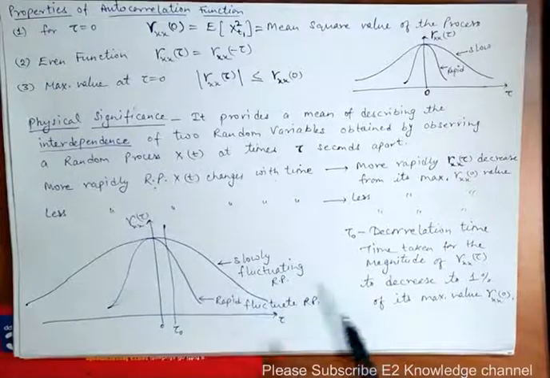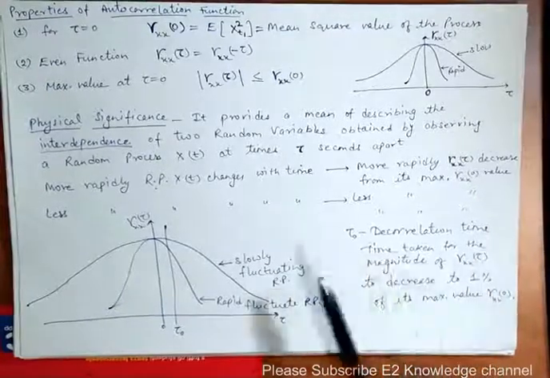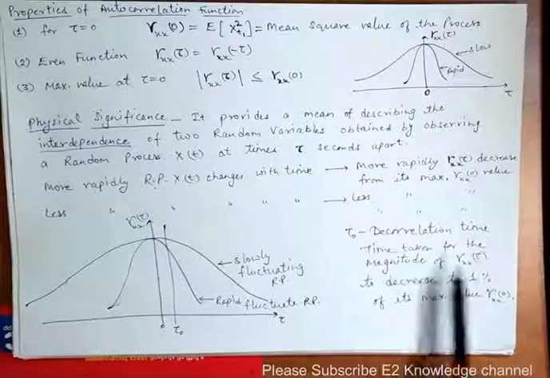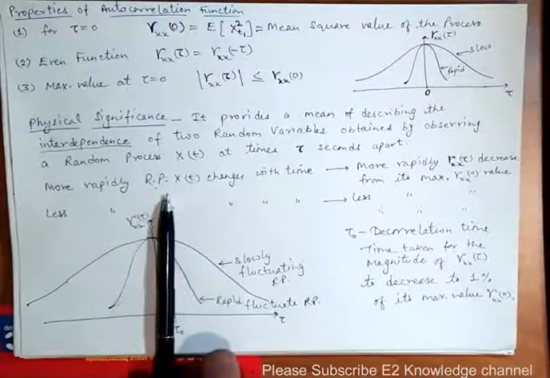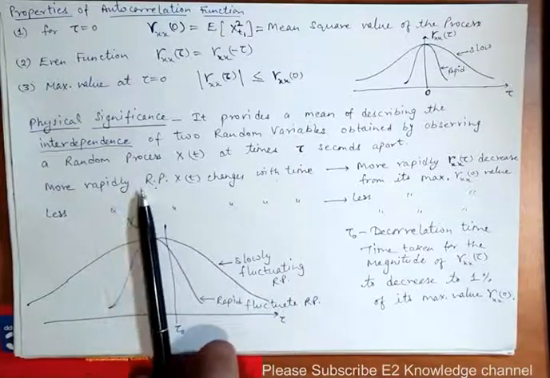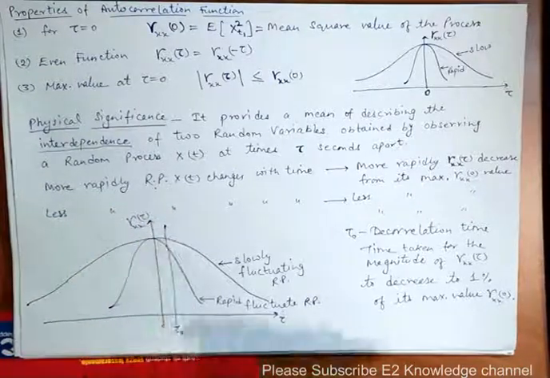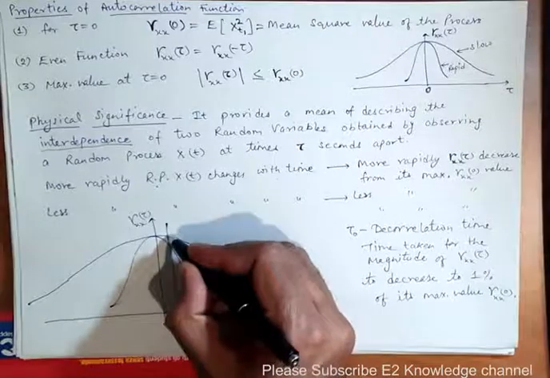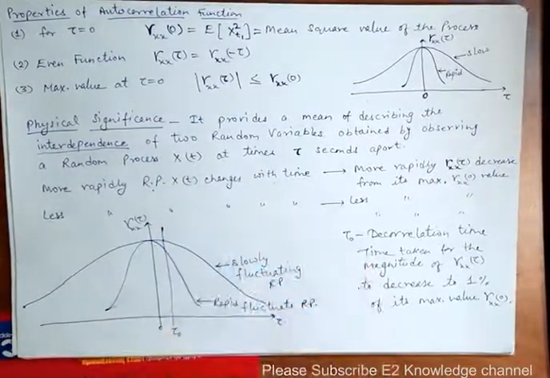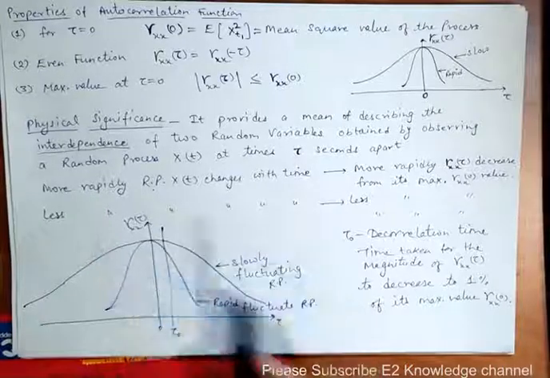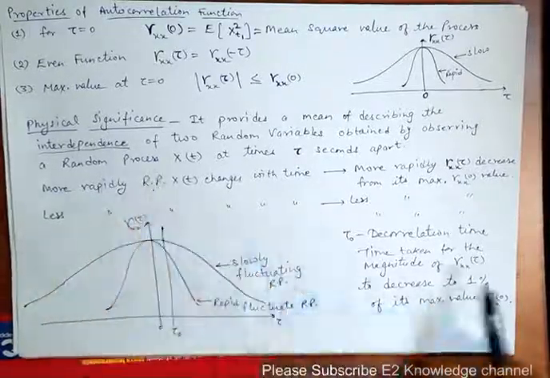Further, we have a definition of decorrelation time. It is the time taken for the magnitude of the autocorrelation function to decrease from its maximum to 1% of its maximum value. We can scale at any level actually.